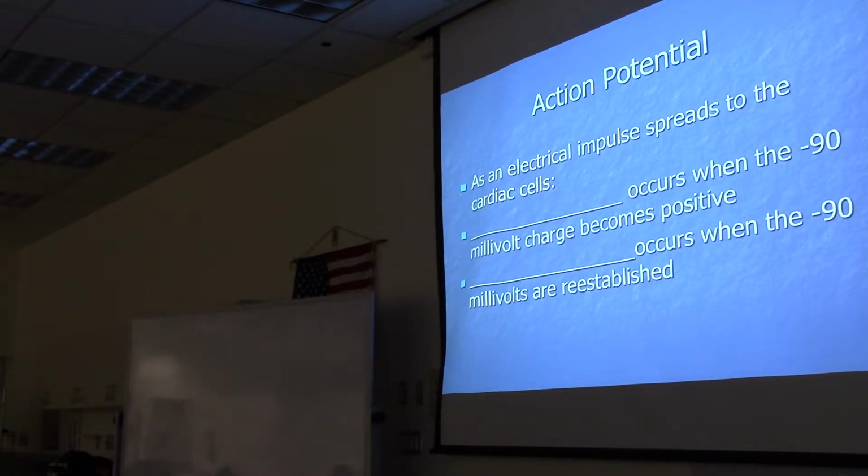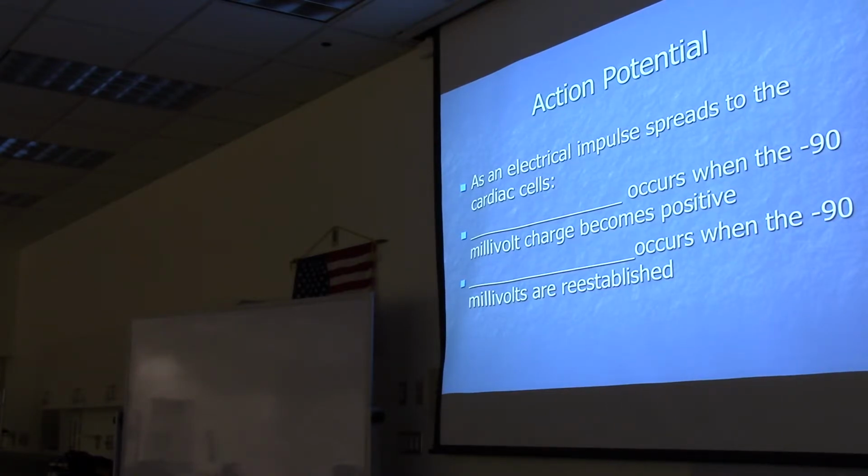All right, so we said that action potential just means there's a potential for a cell to contract. It tells you that an electrical impulse spreads to the cardiac cells and blank will occur. So what is the word that you would put there? Yes, depolarization. So the inside of the cell becomes positive.